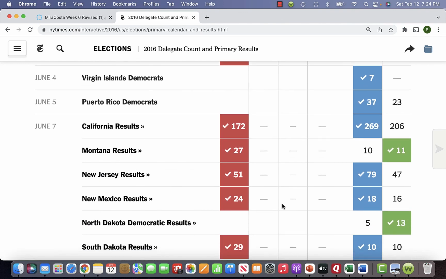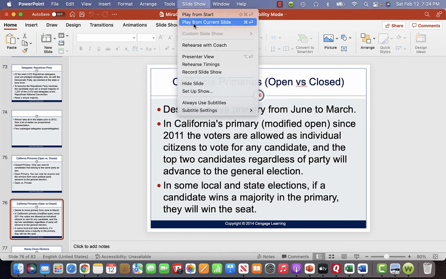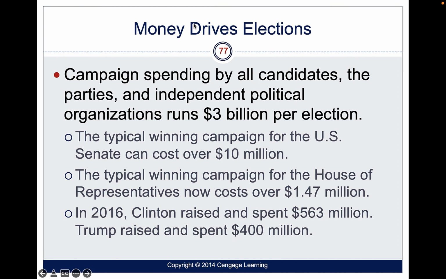So yeah, here's California. We can see Hillary won 269 delegates and Sanders 206. So our primary used to be in June, and we moved it up to March to have candidates pay attention to California a little bit more, because at times there might be instances where the nominations are already decided before California even votes.